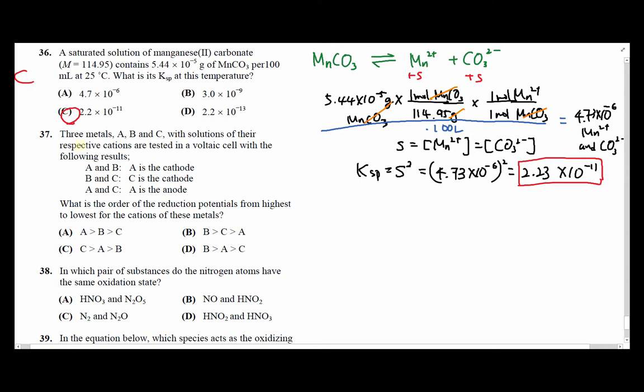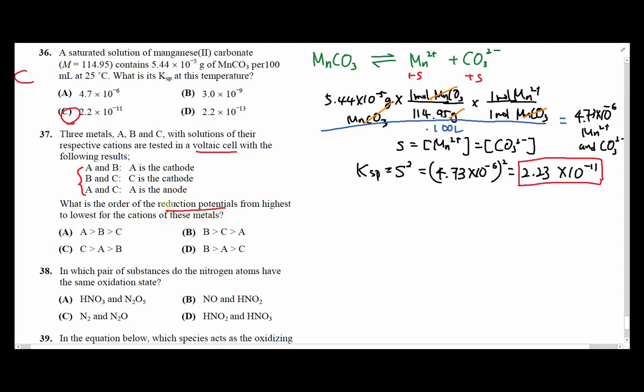Number 37, 3 metals A, B, C with solutions of their respective cations are tested in a voltaic cell with the following result. We have 3 different metals, and these will determine which has a higher standard potential. What's the order of the reduction potential from the highest to lowest for the cations of these metals?